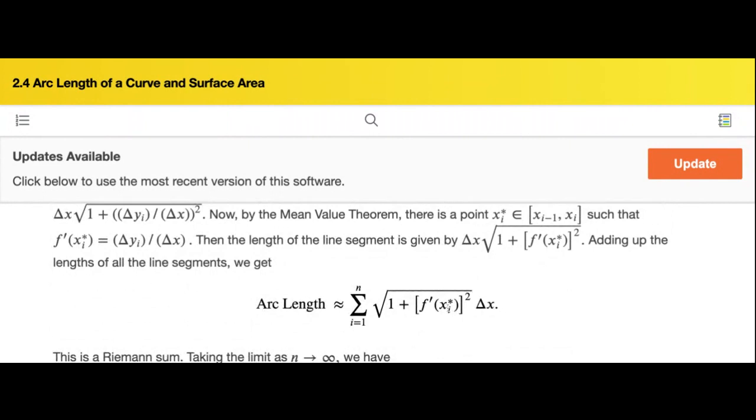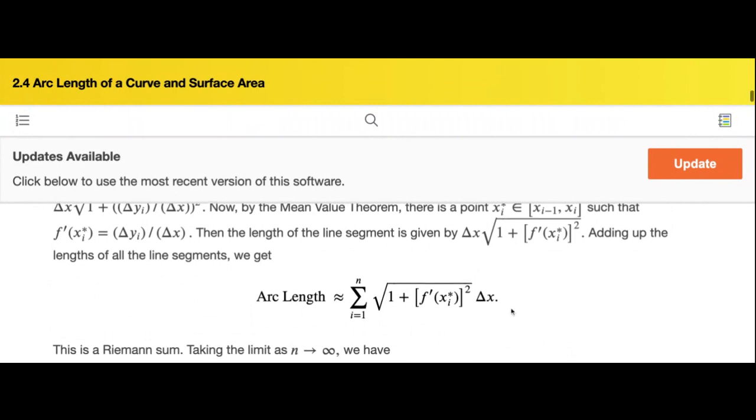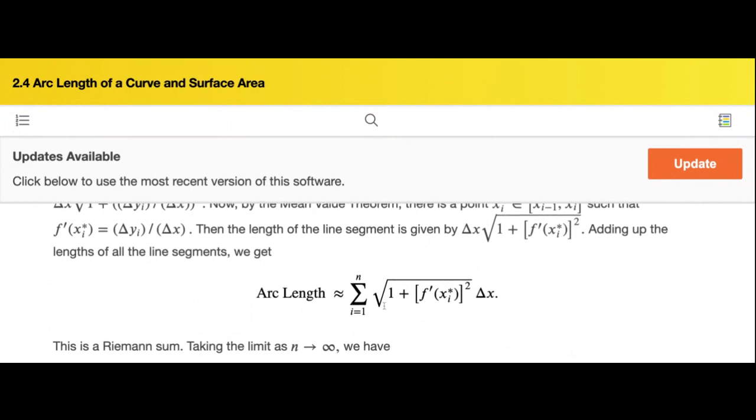I'm going to explain this more on the whiteboard. For now, we're cutting from x0 to xn into n pieces, so I have the square root of 1 plus the derivative of f squared, times delta x.